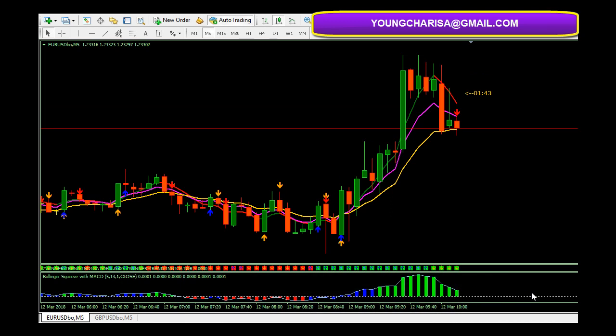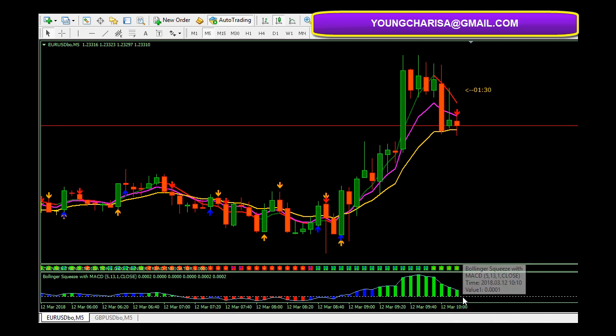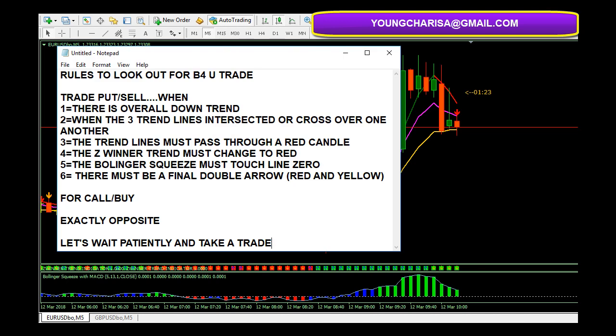Now this is the Euro USD. And as you can see now, there is a first arrow popped up. But here has not changed to red. Neither has this line touched the line 0 zone. So this trade there is not going to be an effective trade. Remember the rules.